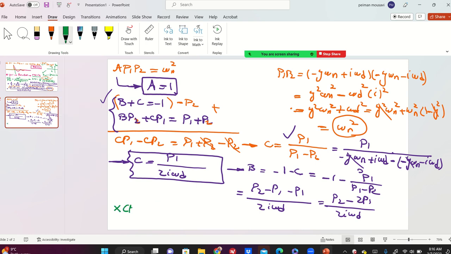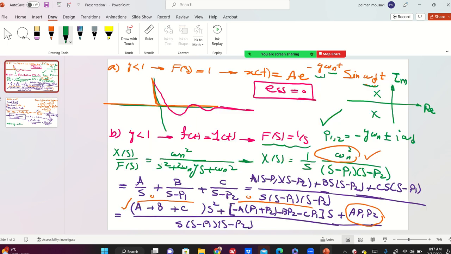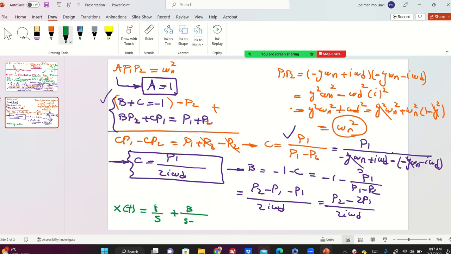X of t equals A over S plus B over S minus P1, because A is 1, plus C over S minus P2.